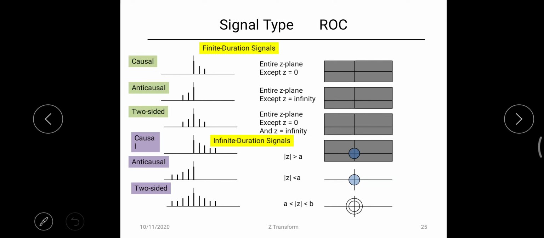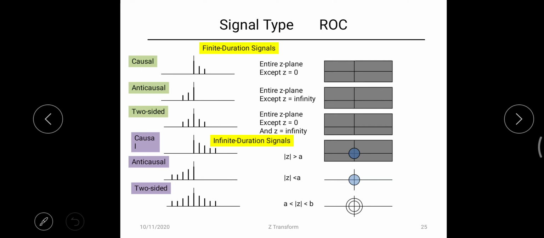And if I take double-sided signals, it's also non-causal. My ROC will be the entire Z plane except Z equal to 0 and Z equal to infinity. So this is for finite durations. If I take infinite durations like a power n, if it is a causal signal, my ROC will be mod of Z greater than mod a, which means that ROC is outside the circle with radius a.